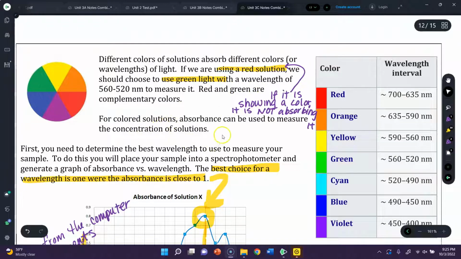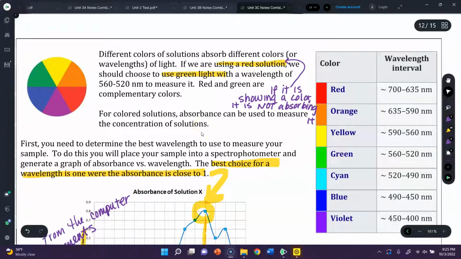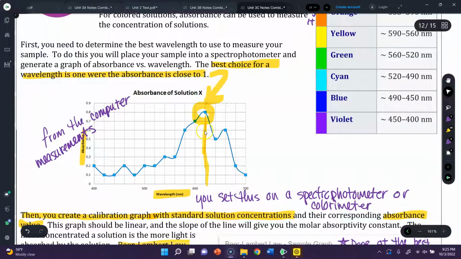So for colored solutions, absorbance can be used to measure the concentration of solutions. To do that, there's a couple different steps that we can take. First, you will need to determine the best wavelength to use to measure your sample. To do this, you will place your sample into the spectrophotometer or colorimeter and generate a graph of absorbance on the y-axis versus wavelength on the x.